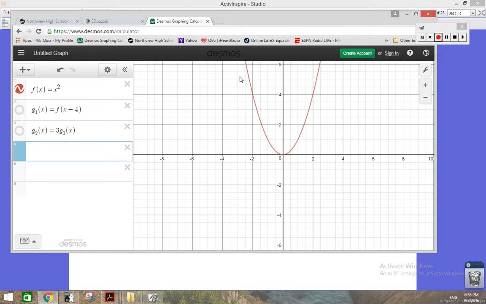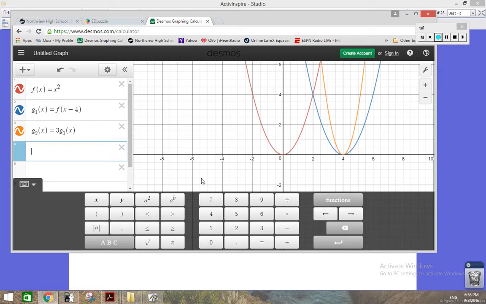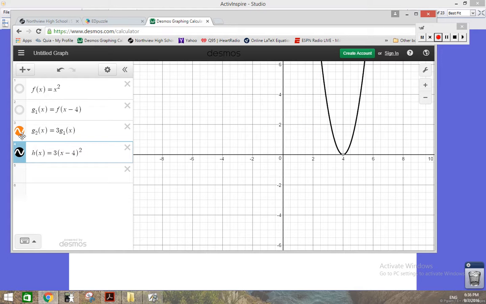We start with the parent function that was x squared. The minus 4 is a shift to the right 4 units, and multiplying it by 3 is then a vertical stretch. So is that the same graph as 3 times the quantity x minus 4 squared? And you can see that it is.